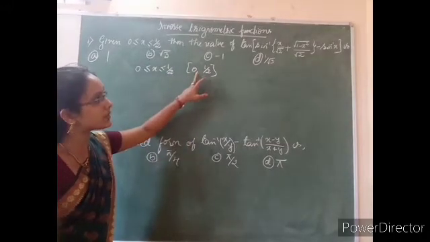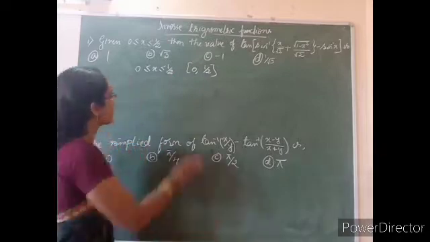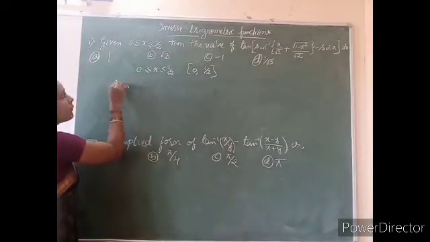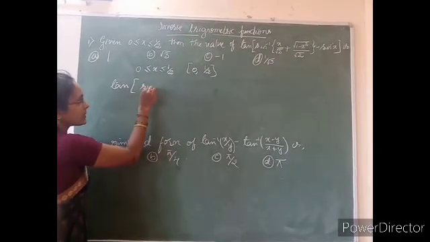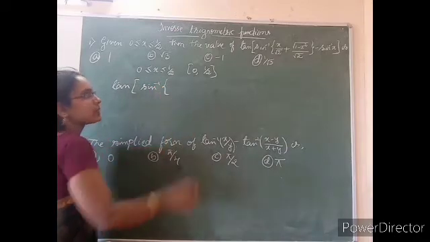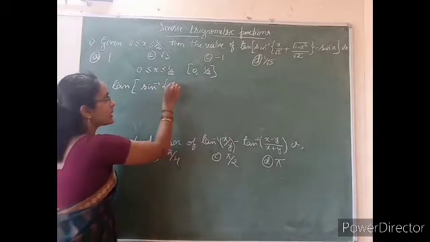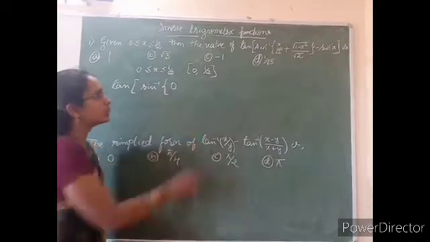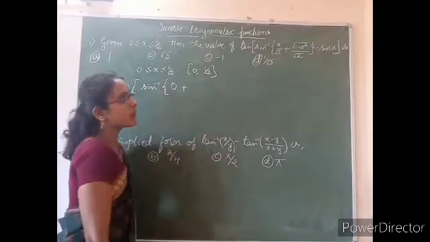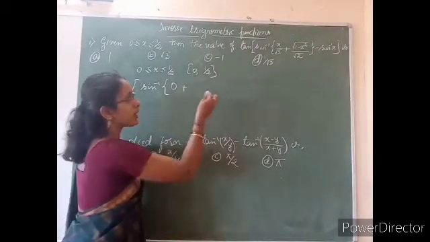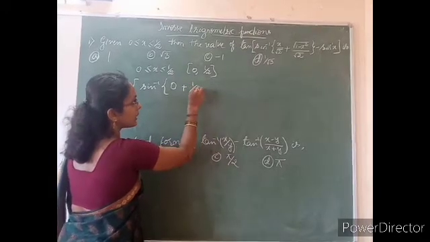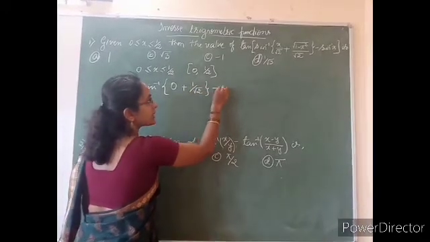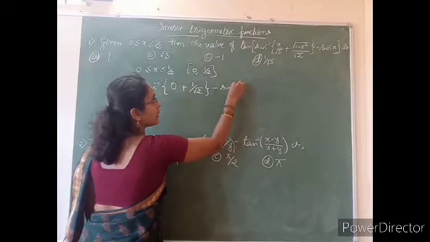If I substitute x equal to 0 in the given expression, what will you get? Tan of sine inverse of x by root 2, x is 0, therefore this is 0, plus square root of 1 minus 0 square is 1, so 1 by root 2, minus sine inverse of 0.